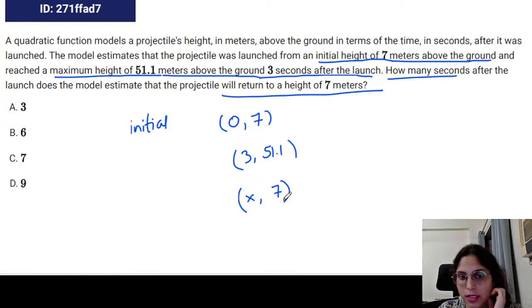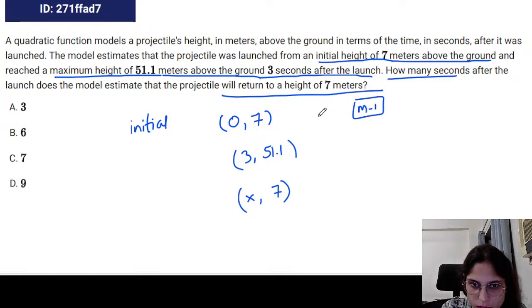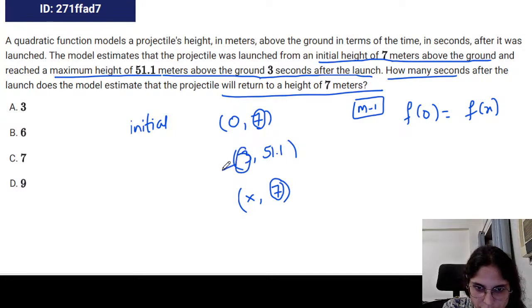Again, there are two different concepts. First one, I am going to teach you. Here you see the y value is the same, so I can say that f of 0 is equal to f of x, and this is your h value, because this is the maximum.